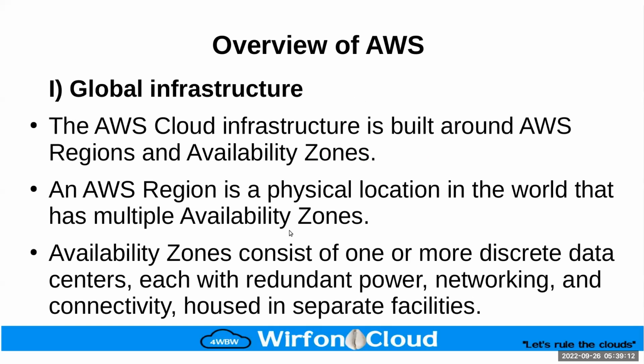So when you're thinking of AWS, there are some topics you'll see in more detail, for example, global infrastructure tomorrow. But just to highlight, AWS is a cloud infrastructure built around what are called AWS regions and availability zones.